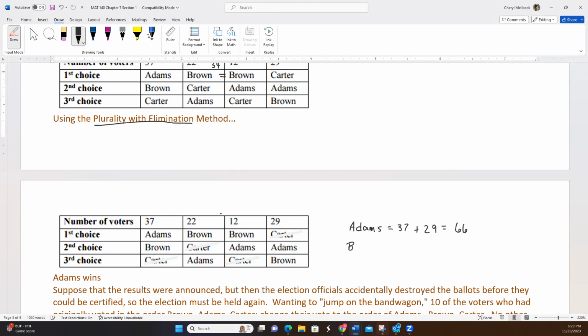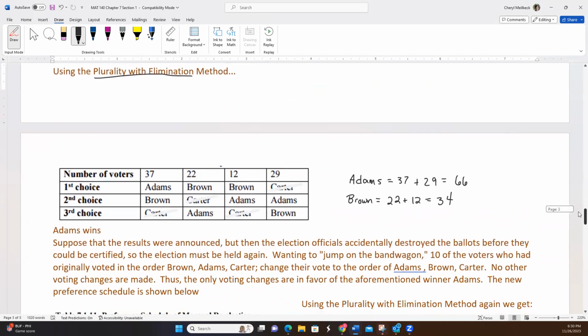Brown would have these 22 votes. It's still just 22 plus 12, which makes him quite a few less.